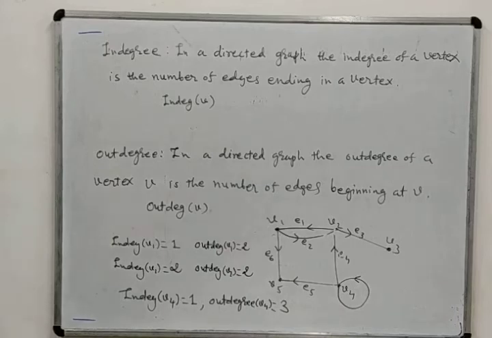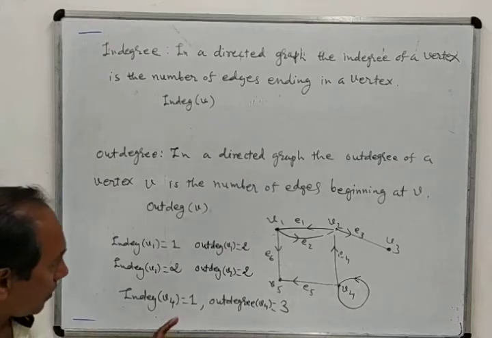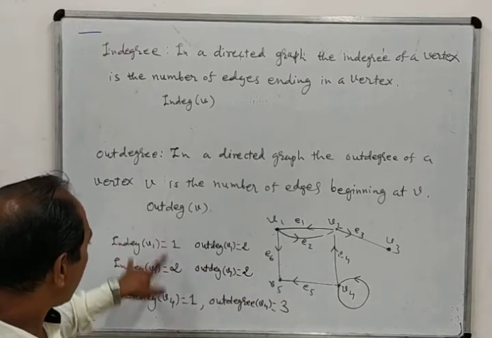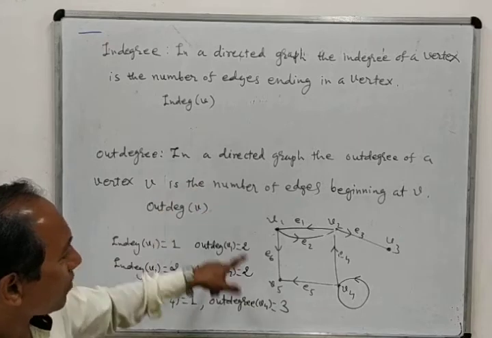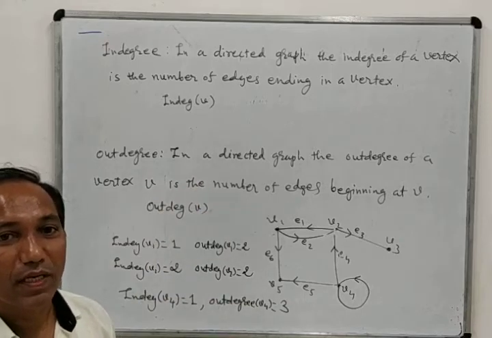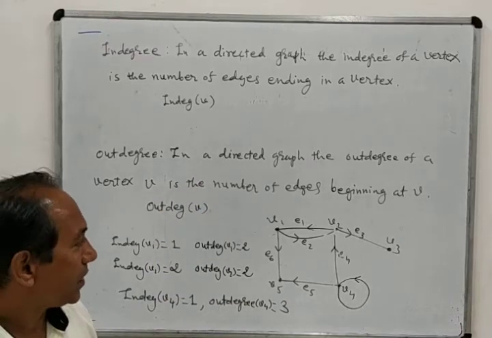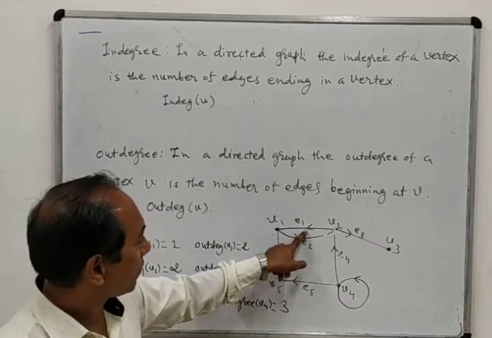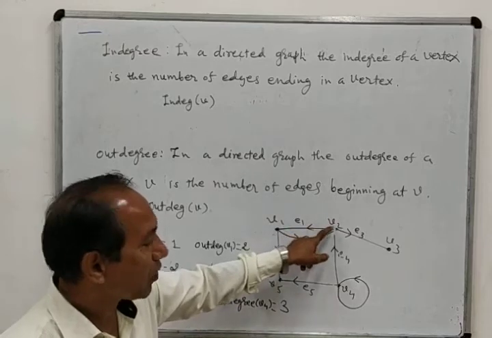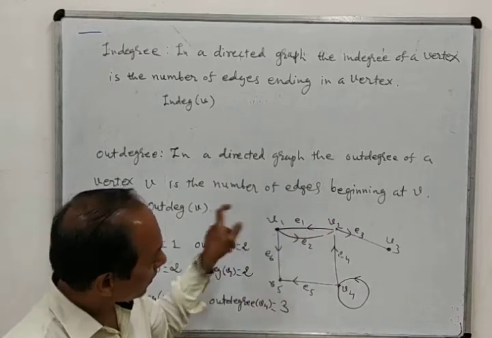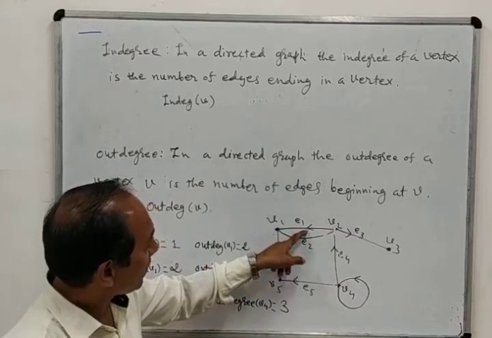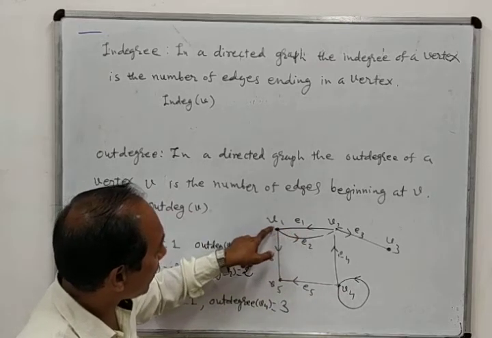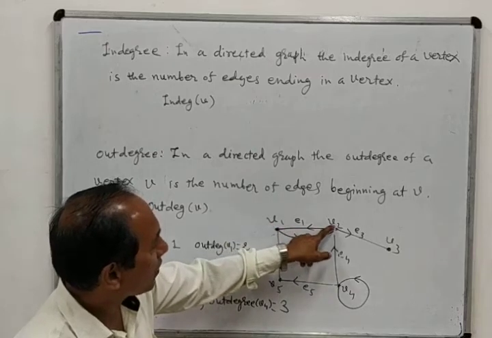Here you note down that the total degree, meaning the total of in degrees and out degrees, is always twice the number of edges. Because each edge counts 1 degree for V1 and 1 degree for V2. If the edge direction is in this direction, we consider it as coming inside to V1, so it is counted as in degree 1 for V1 and out degree for V2.